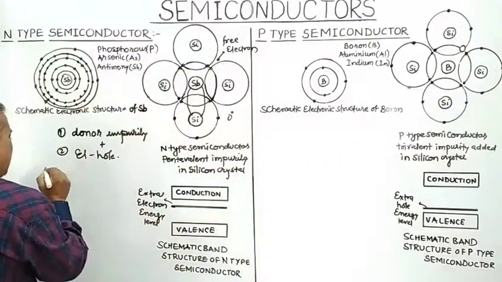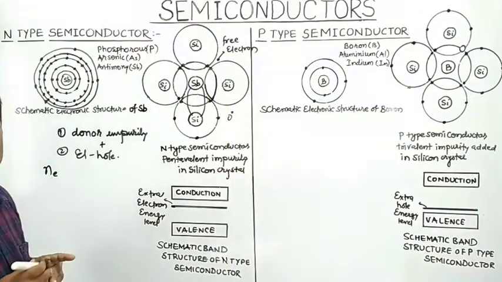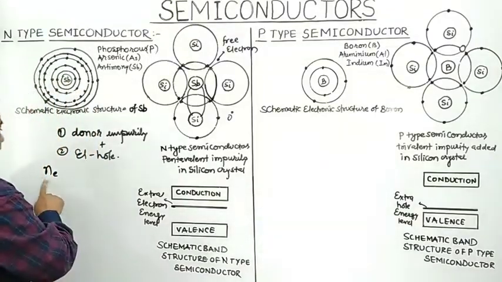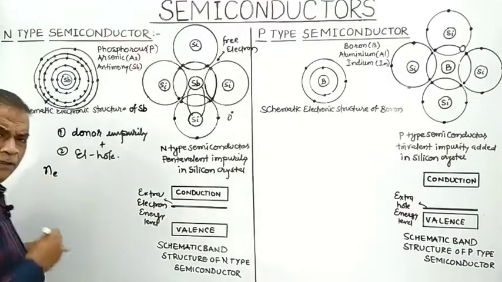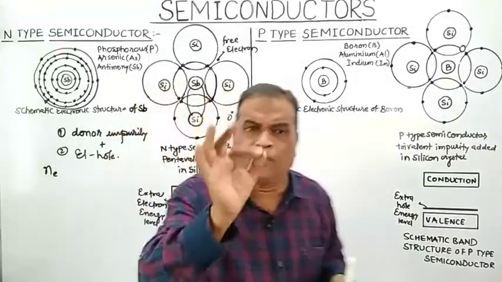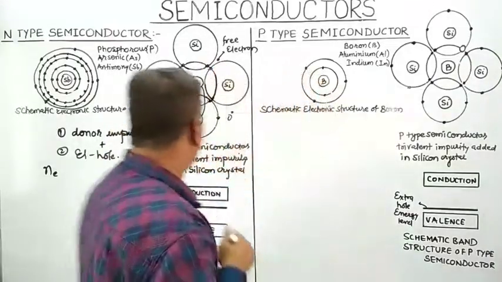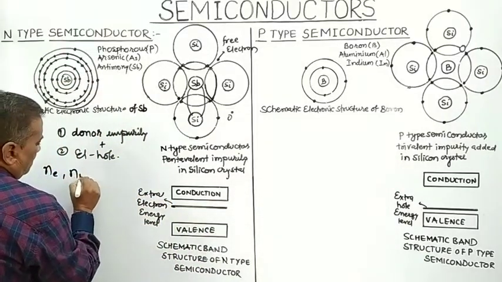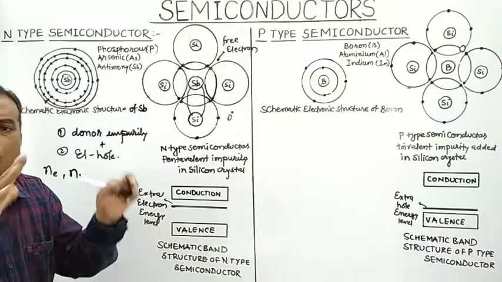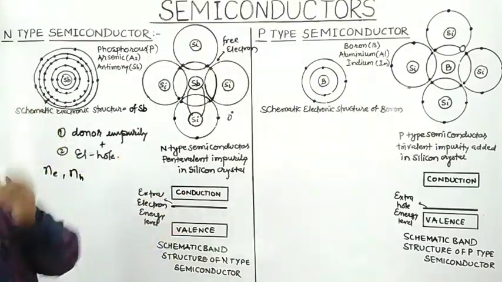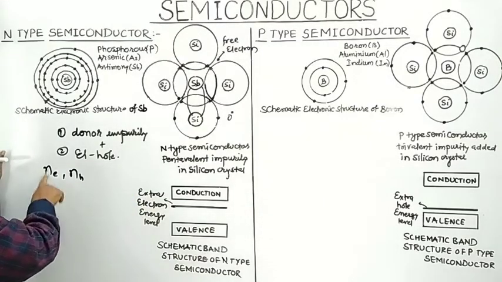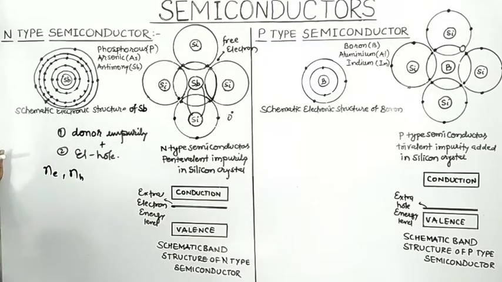If I say that Ne represents the number of free electrons per unit volume, that is, the number density of free electrons, and NH represents the number density of holes, that is, the number density of vacancies of electrons or the presence of effective positive charge.